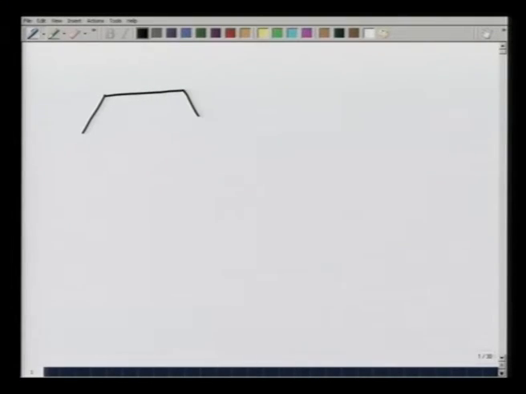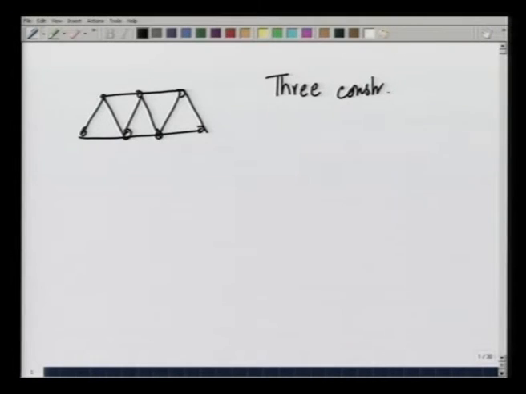Let us understand how this condition comes about. So, if I take a truss which is externally statically determinate, that means it has 3 constraints from outside. 3 constraints could be in the form of 3 forces, 2 forces, 1 torque, or whatever. So, let us take 3 forces.